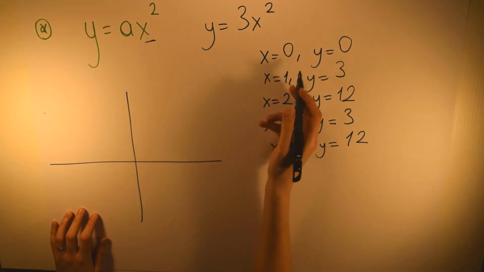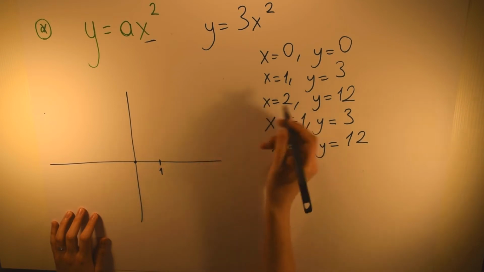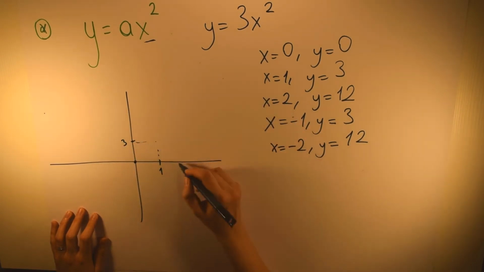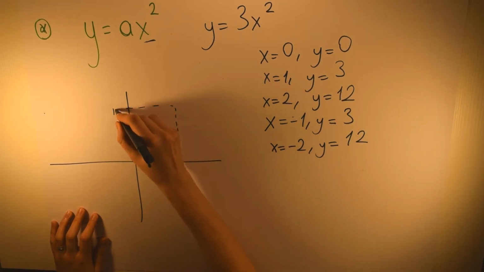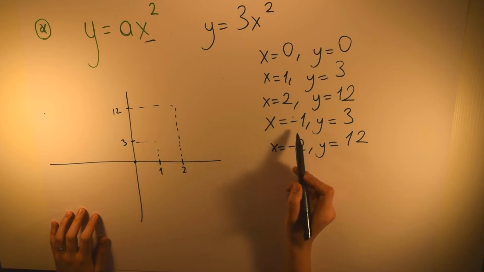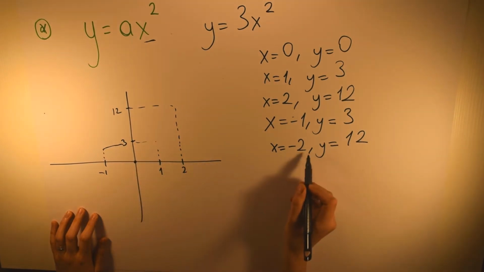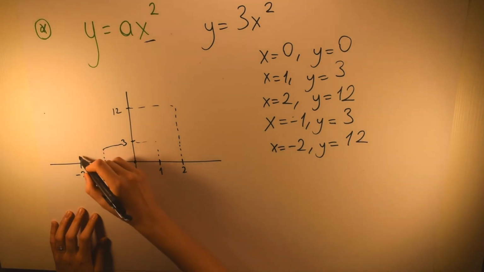When x is 0, y is 0. When x is equal to 1, y is equal to 3. Okay, when x is equal to 2, y is equal to 12. It's somewhere here. When x is equal to minus 1, y is equal to 3. And when x is equal to minus 2, y is equal to 12.